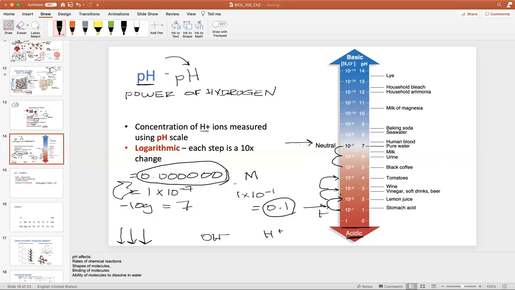So as you move up and down this pH scale, if you're going from like a 7 to a 6, that's a lot more acidic, okay? So if you really understand this, then you would understand what would happen if I had some black coffee in the morning and I'm like, oh no, I have to have my coffee, but I don't want to drink it black.